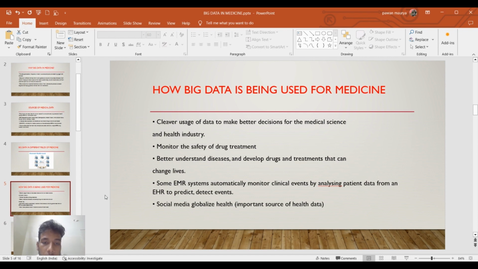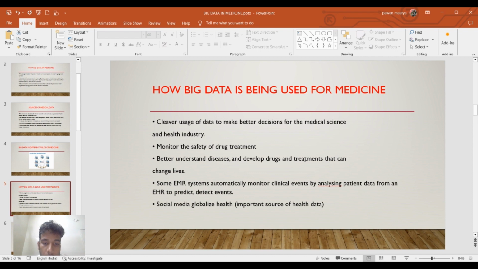How is big data being used for medicine? Clever uses of data make better decisions for medical science and the health industry. They monitor the safety of drug treatments, better understand diseases, and develop drugs and treatments that can change lives. Some EMR systems automatically monitor clinical events by analyzing patient data from an EHR to predict and detect events.